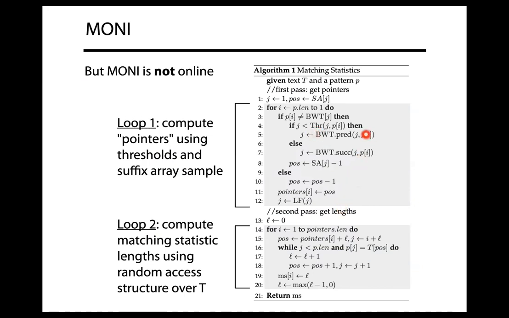We're doing typical BWT type queries. We're using the suffix array, and so on. We're doing typical stuff here in this first loop, but that's not good enough to determine the lengths of the matching statistics. We need a whole separate loop to determine the lengths of the matching statistics. And this was bad news, right?